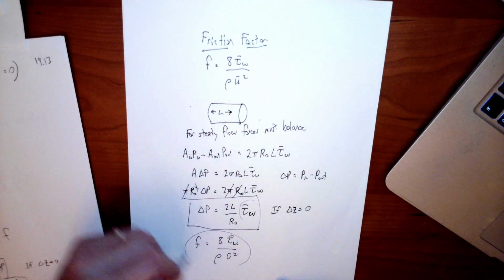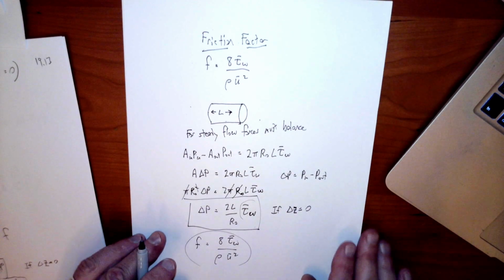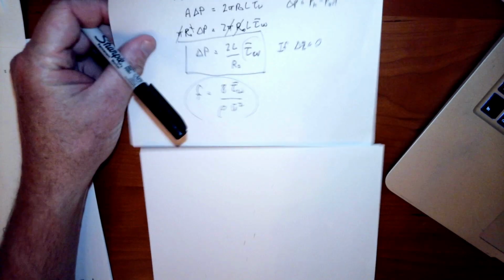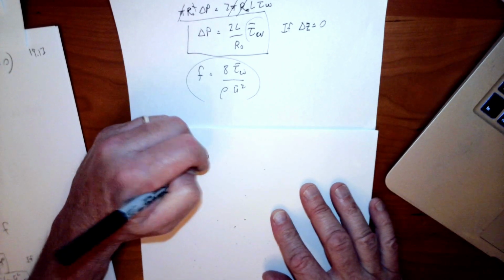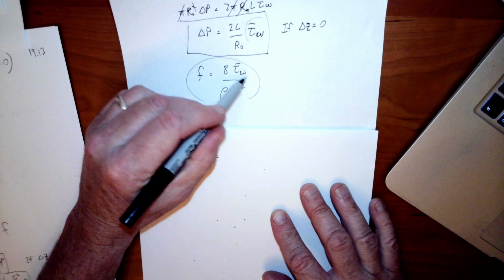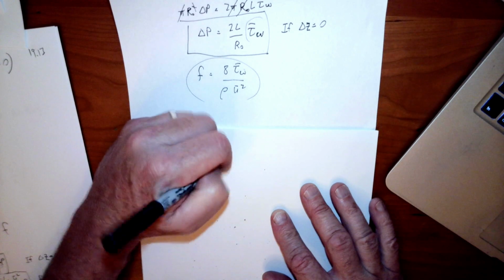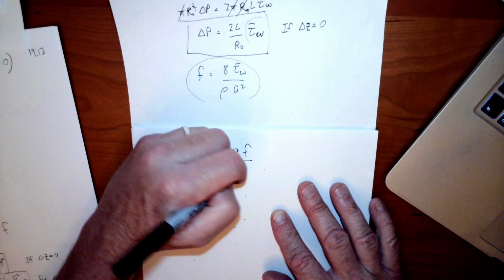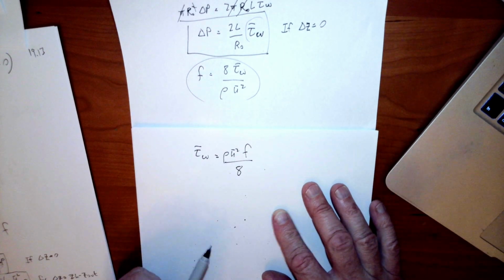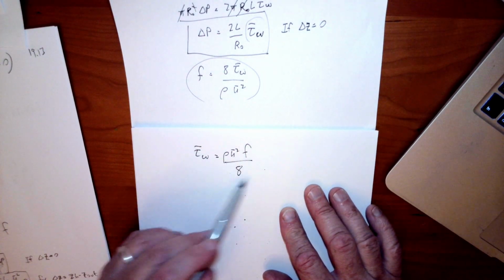So I'm going to solve this equation for tau W, for that wall shear stress. So tau W average is equal to, I'm going to push that rho U squared over to the other side. That multiplies F, and then I'm going to divide by 8. So that's my wall shear stress in terms of the friction factor.